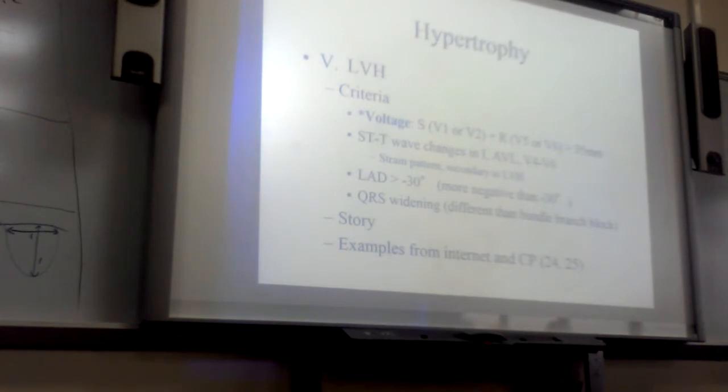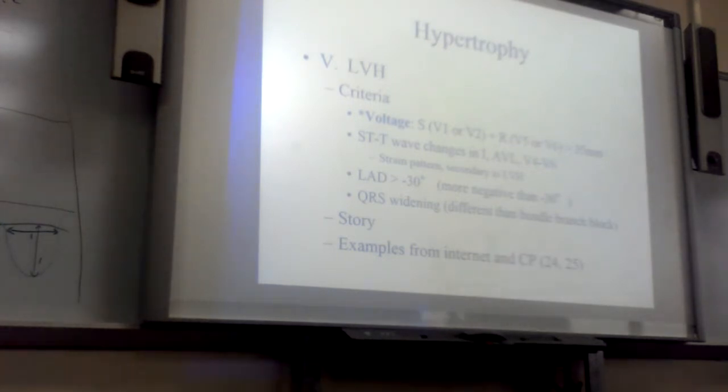What we call a strain pattern. The ST-T wave changes are, like, ST segment depression, we have T wave inversion, stuff like that. In fact, if you look at 24, the top one and V5, it's a classic strain pattern. There's a lot of strain patterns throughout all these, but that ST segment and T wave, they're straining to repolarize because of the big heart.